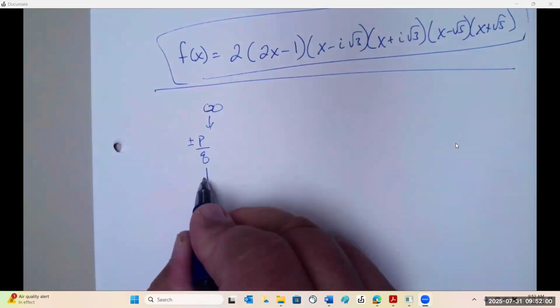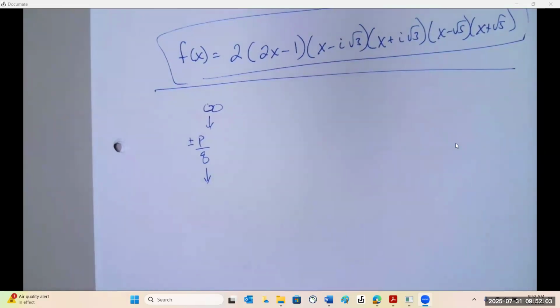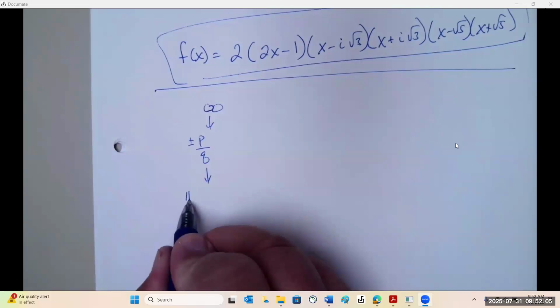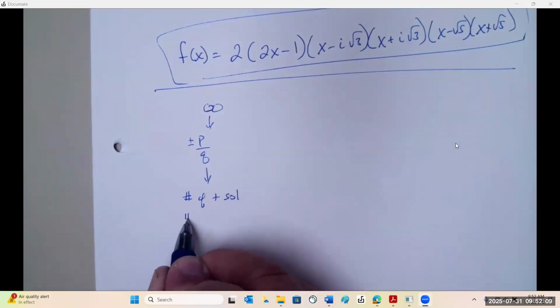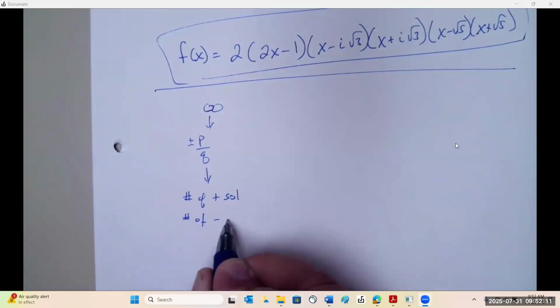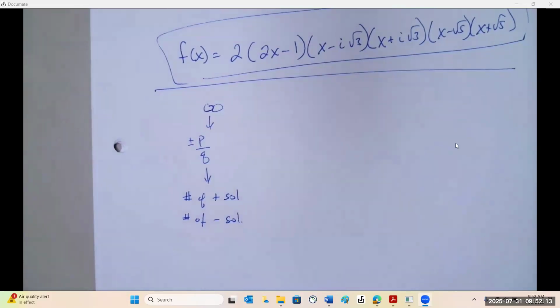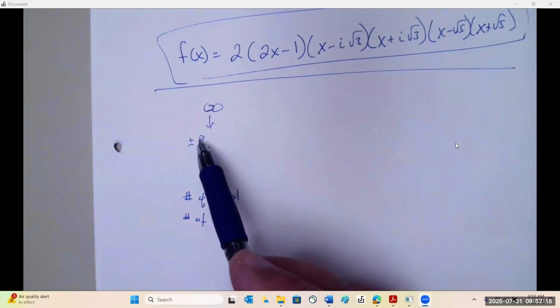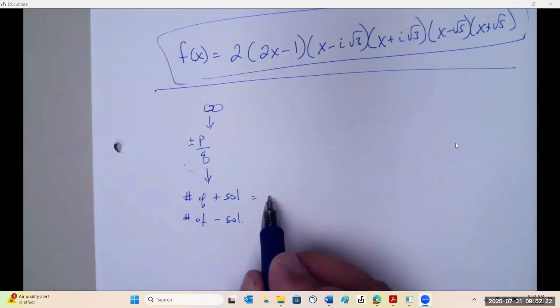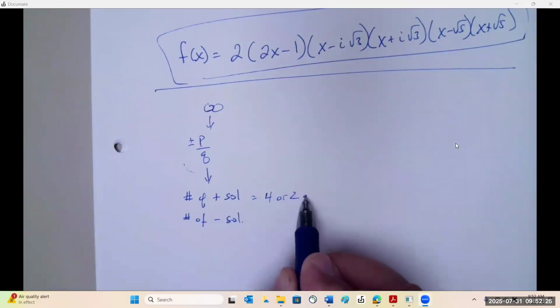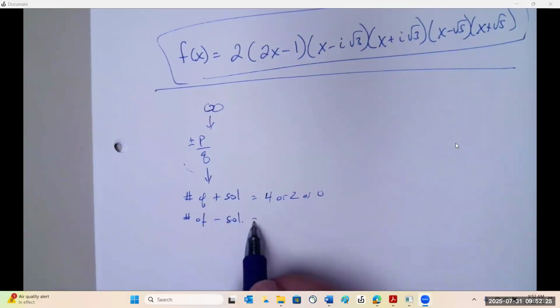We could narrow down the number of solutions by the number of positive solutions and the number of negative solutions. So let's say we had 15 possibilities here, and we know that we only have 4 or 2 or 0 positive solutions, 3 or 1 negative solutions.